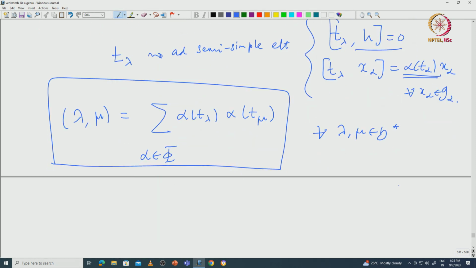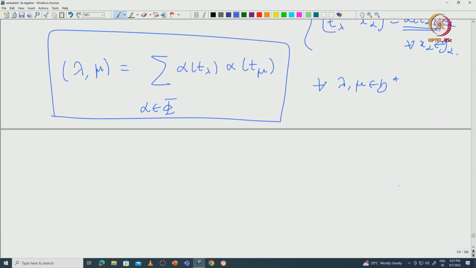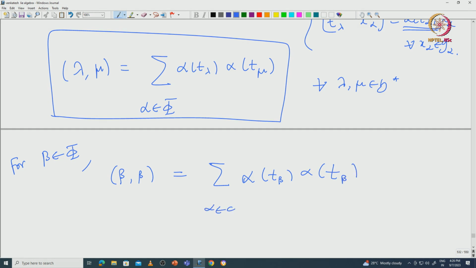Okay. So, now if we just restrict this formula to beta, where beta is coming from phi, then you can see that (beta, beta) is going to be equal to the summation of alpha of T beta times alpha of T beta, with alpha coming from phi.